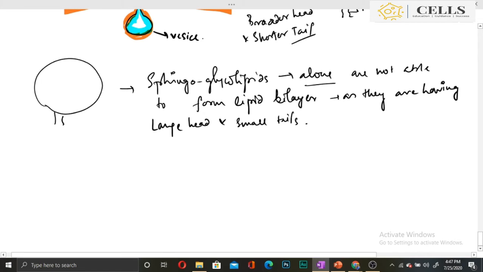So if you create a scenario that only sphingoglycolipids are present, they are not able to form a bilayer structure. No, it's not possible.